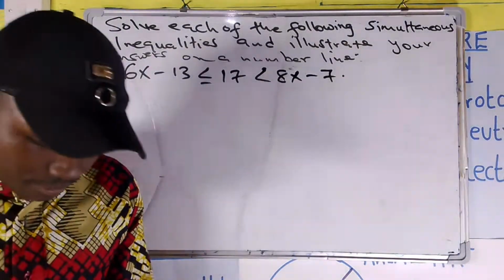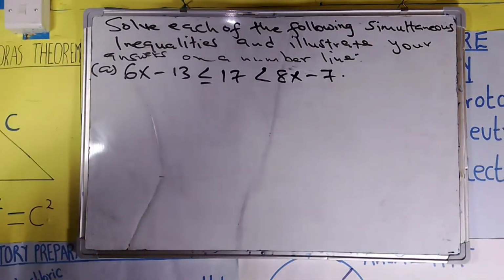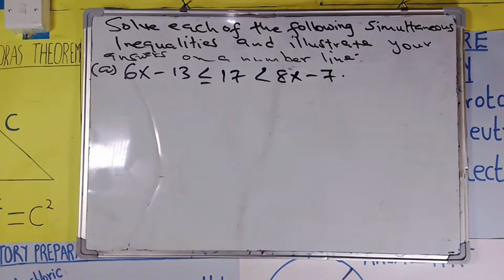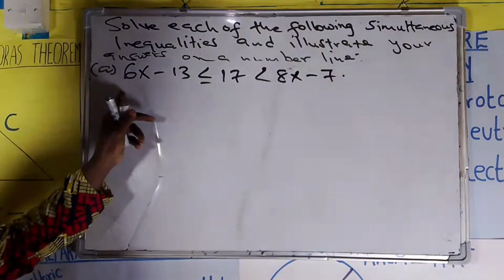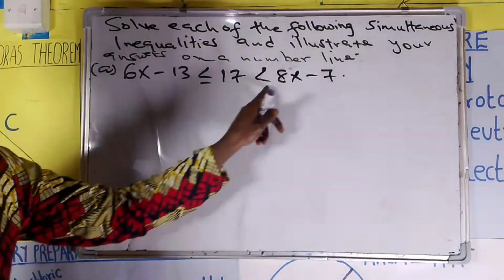Tuko na ingine kama hiyo. So kwa hii, how do we go about this? Unaona hii ni compound. Iko na tatu, 1, ya pili, ya tatu.